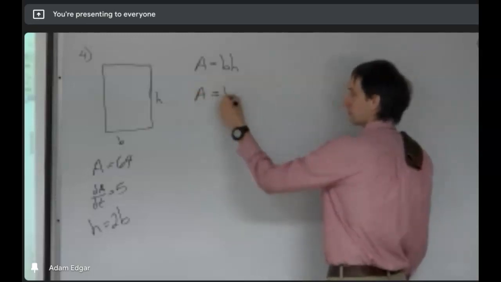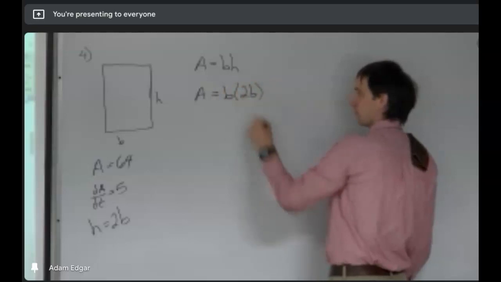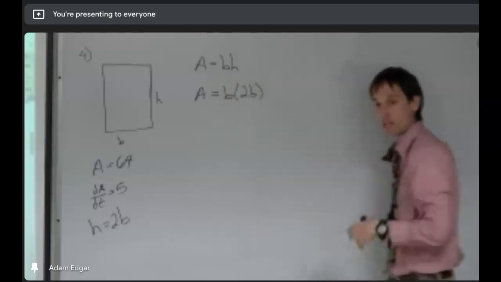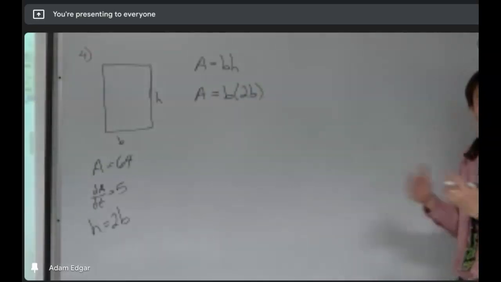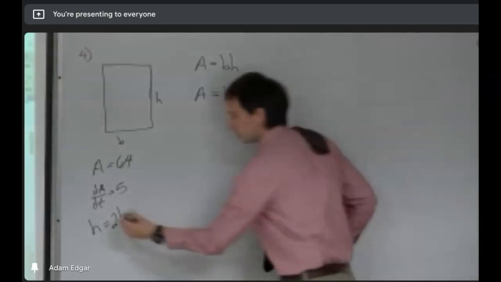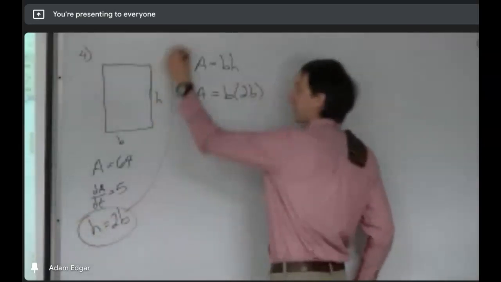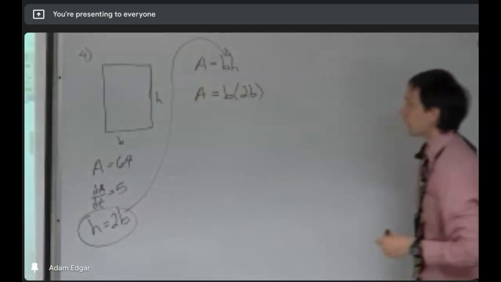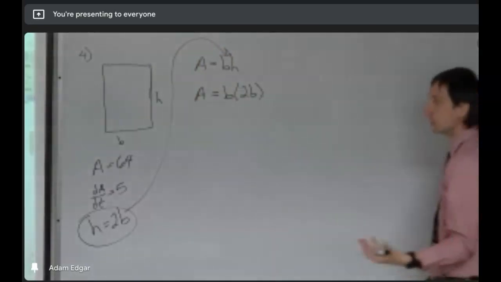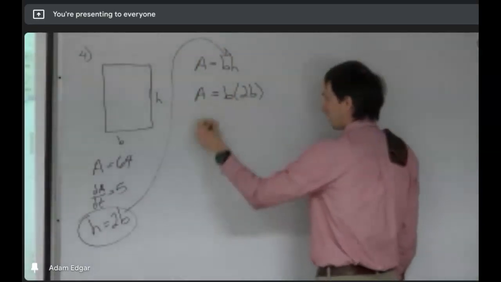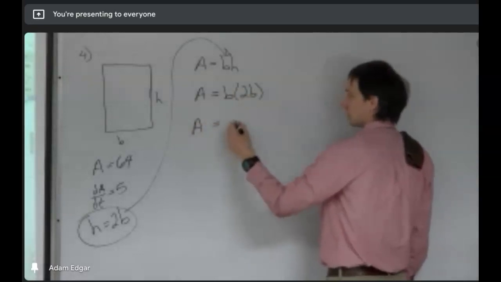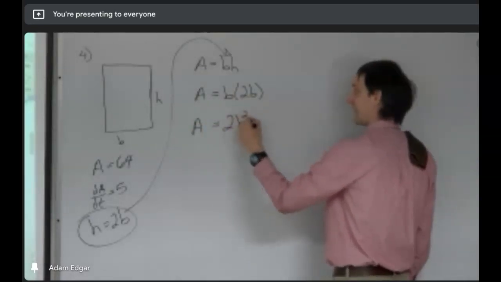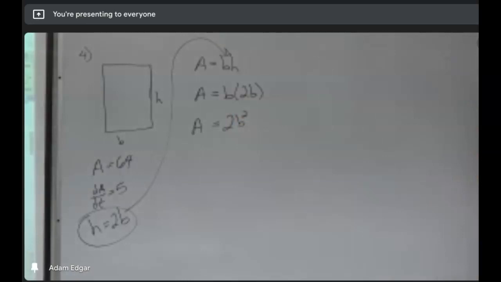Instead of base times height, you eliminate one of those variables by substitution: I know the height is always 2 times the base, so replace height with 2b, and then area equals 2b squared. That's the formula you're going to use the rest of the way.